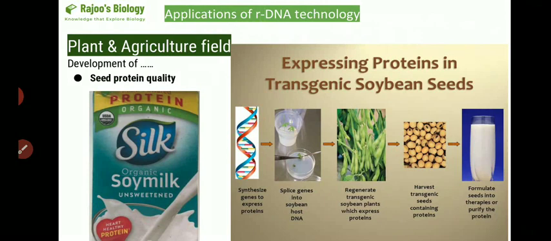This milk is unsweetened, meaning there is no sugar inside, and is helpful for patients suffering from diabetes. Similarly, the seed protein quality can be increased for oil seeds, where the maximum amount of oil can be recovered. For better production of oil droplets in the seed, the genes can be modified.